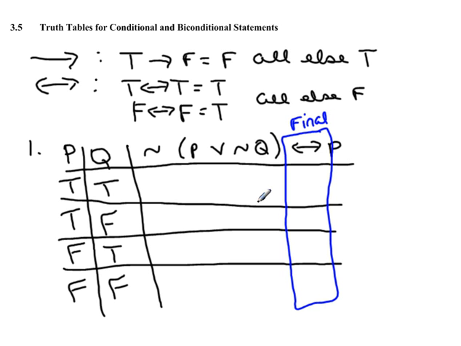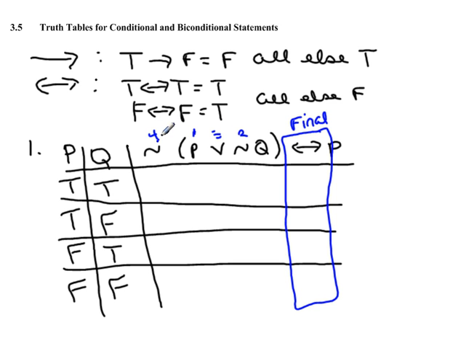Now you should number your columns. Remember, we have to complete everything on the left before moving to the right of the final. So this is the most dominant on the left, the negation, which means we'll do that last. So column 1 is P, column 2 is not Q, column 3 is the disjunction, and column 4 is the negation.